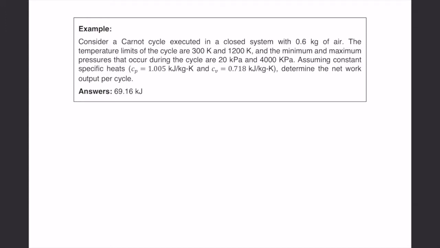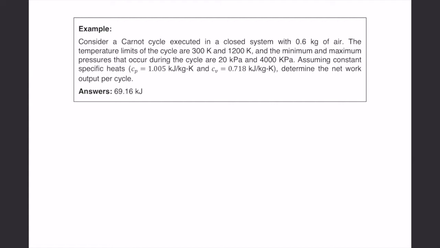So we have a Carnot cycle, and that has air with a mass of 0.6 kilogram inside, and the temperature limits of this cycle are 300 Kelvin and 1200 Kelvin. And also the minimum and maximum pressures are given as 20 kilopascal and 4000 kilopascal.